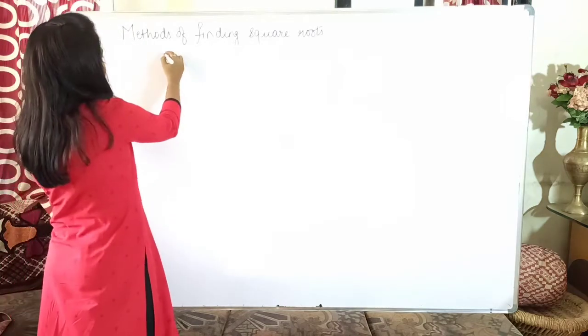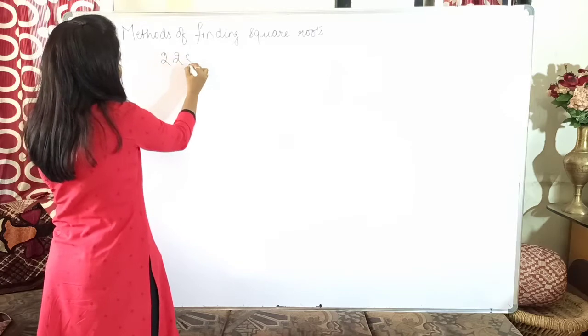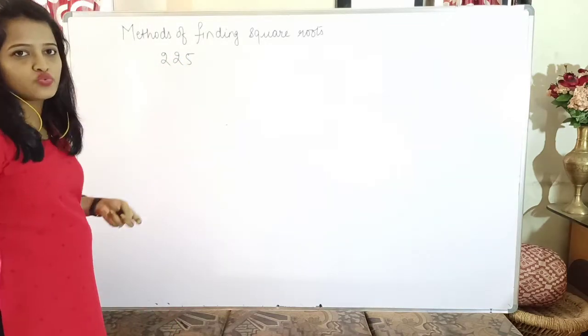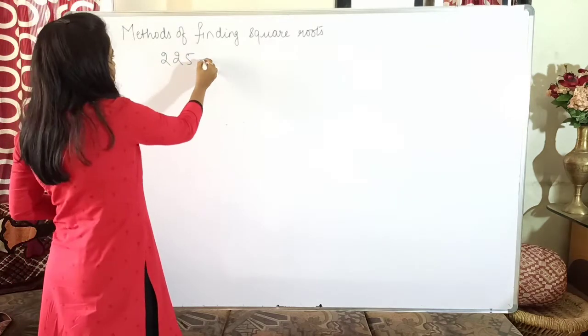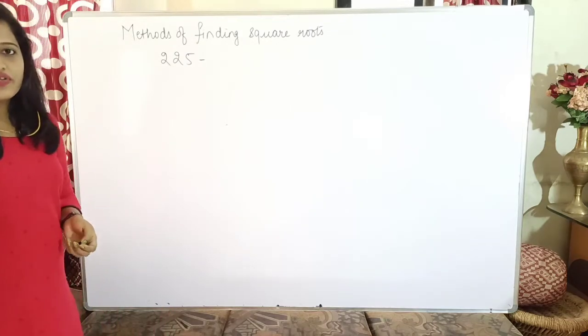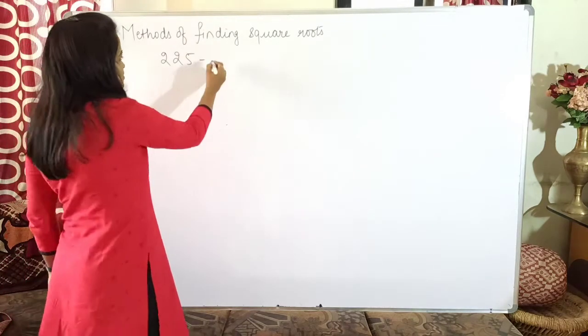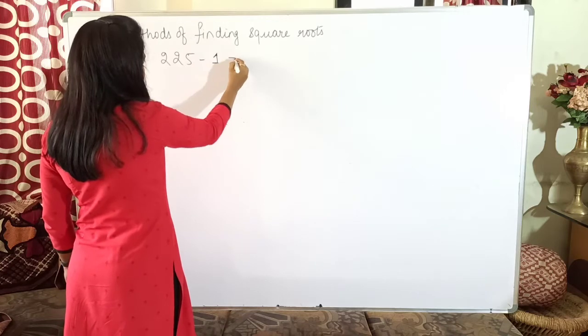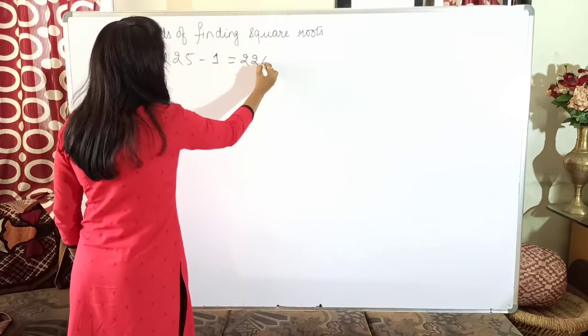Now how? Let us take the number 225. I have to find its square root. I start with the first odd number: 225 minus 1. I get 224.